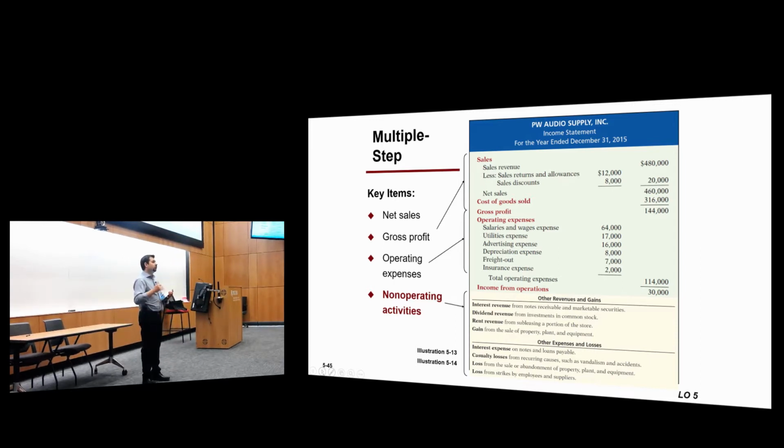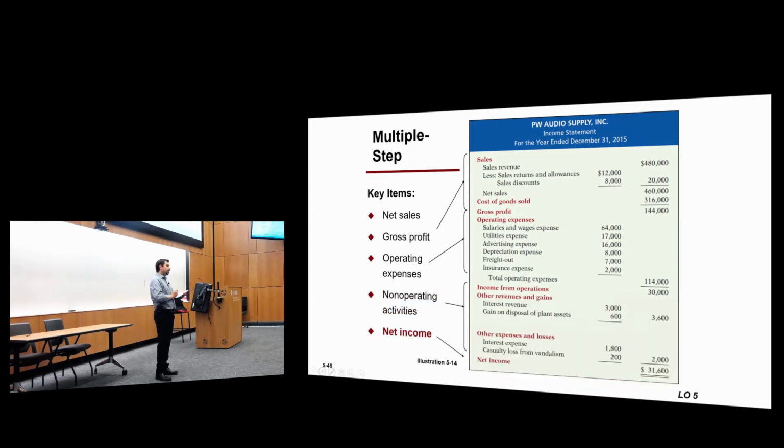And we will be addressing those as we go ahead with our chapters. For example, when we talk about equipment, we will learn how to calculate gain from the disposal of equipment. When we talk about investments, we will talk about dividends, etc. Okay?